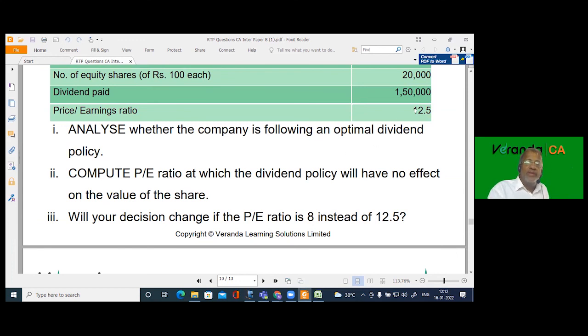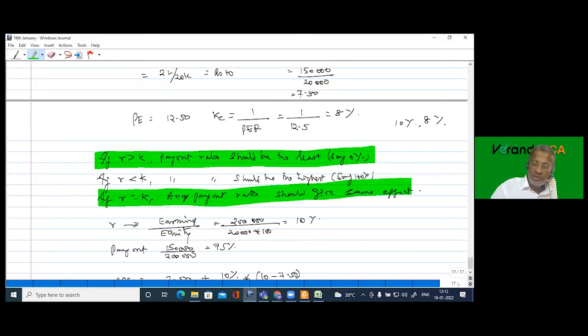So when the P/E ratio is 12.5, it is 8%. Your return on equity is 10%. When your P/E ratio is 10 times, 1 divided by 10 is also 10%. So at that particular level, the value per share will be constant.